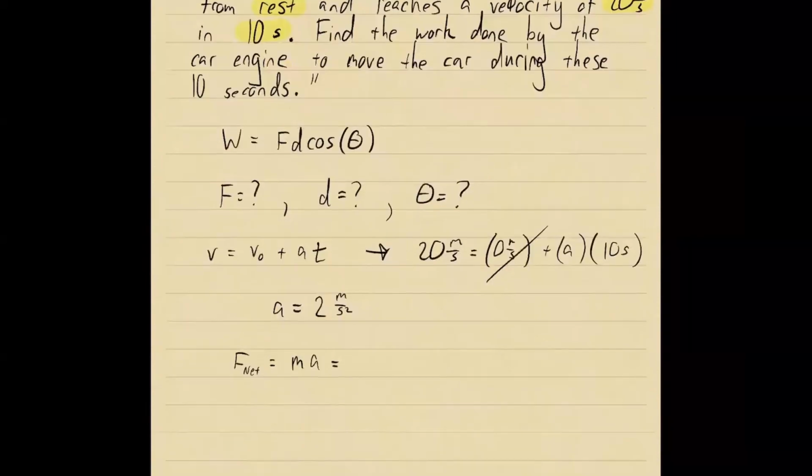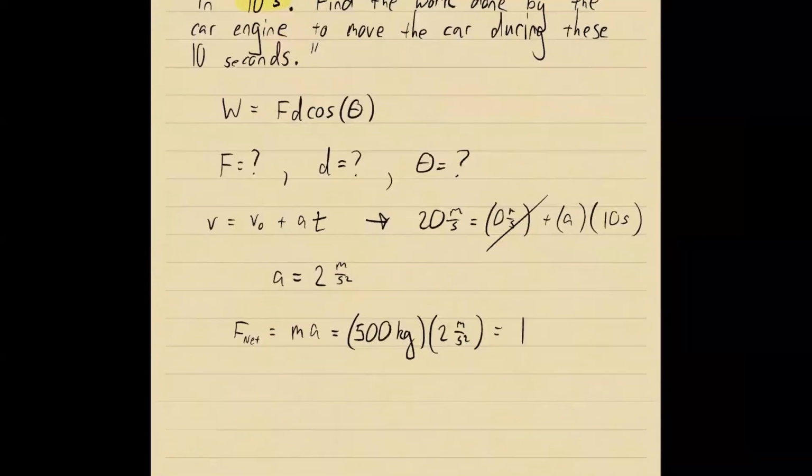So this is equal to the car's mass, which is 500 kilograms, times the car's acceleration, which is 2 meters per second squared. So we get a net force magnitude of 1,000 newtons. So F is 1,000 newtons.